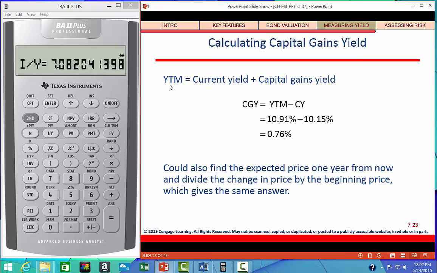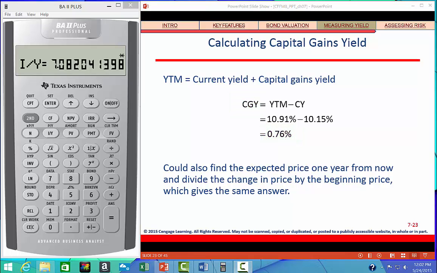So if the yield to maturity is equal to the sum of these two, we had solved for the yield to maturity on a previous slide where we had 10.91%. And so if we just subtracted the current yield, which we got as 10.15, from the yield to maturity, that leaves us with the capital gains yield.